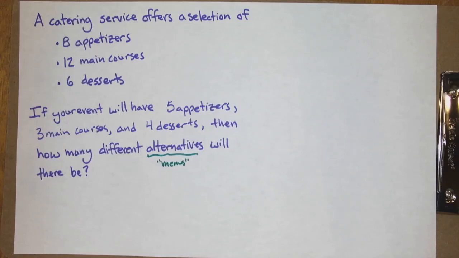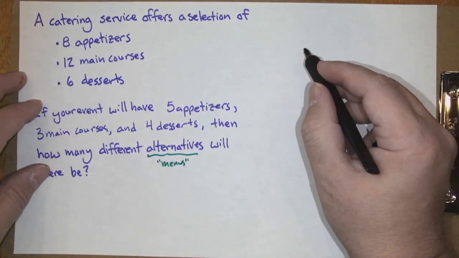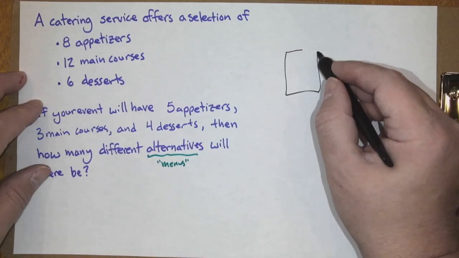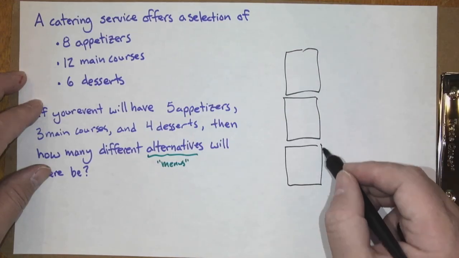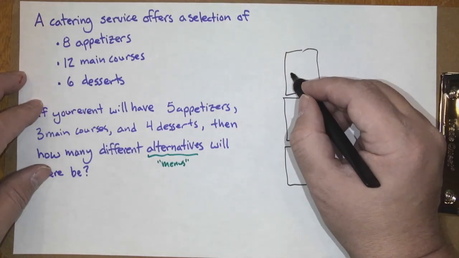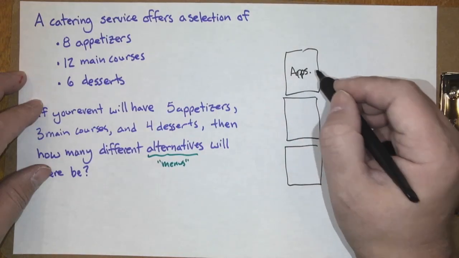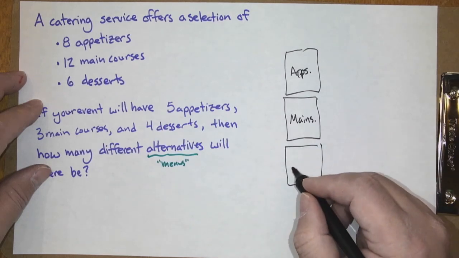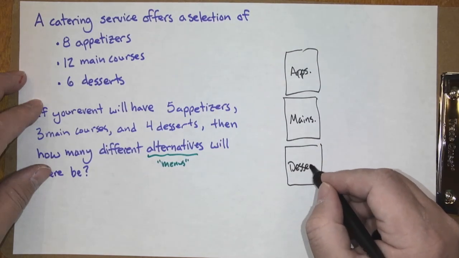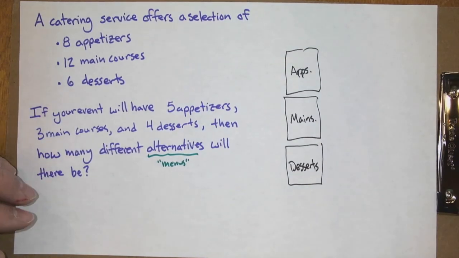So how do we figure this out? Combinations versus permutations. If we think of this as a menu, we have our appetizers, call these the apps, our main courses, which we'll call our mains, and our desserts. So we're filling up our menu.